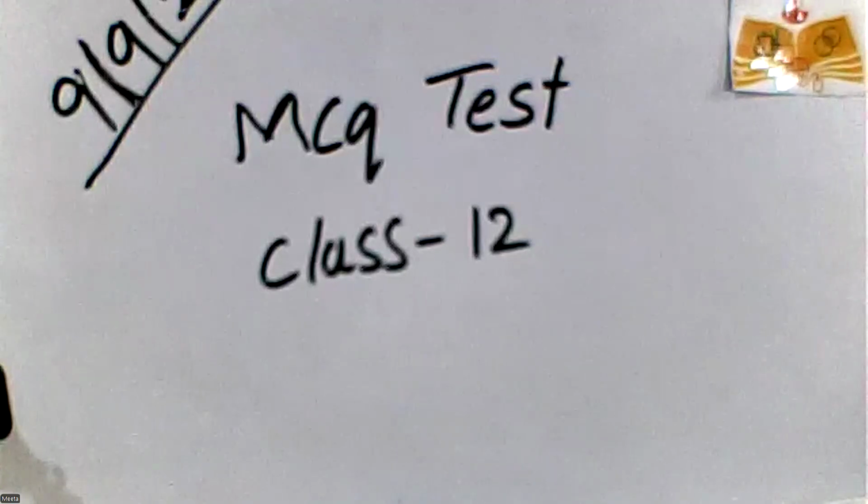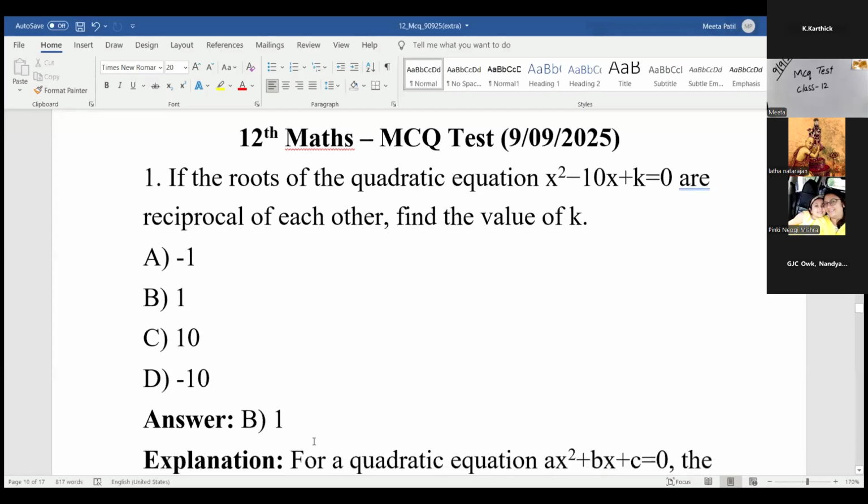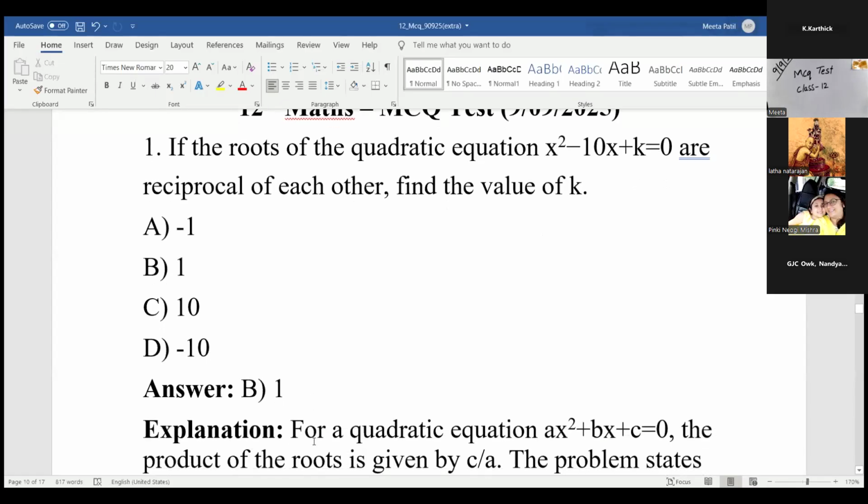Okay, once again I am sharing the screen of the answers which we have done now. So this is our first question. If the roots of the quadratic equation x square minus 10x plus k is equal to 0 are reciprocal, then what is the value of k? Here you have the options minus 1, 1, 10 and minus 10.